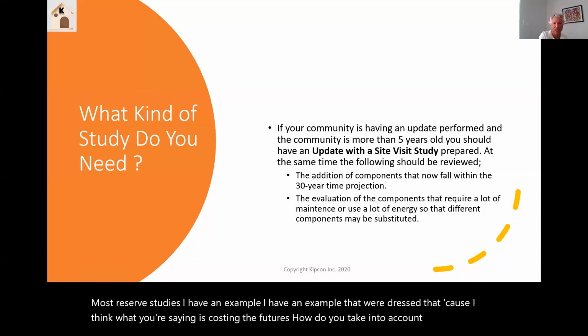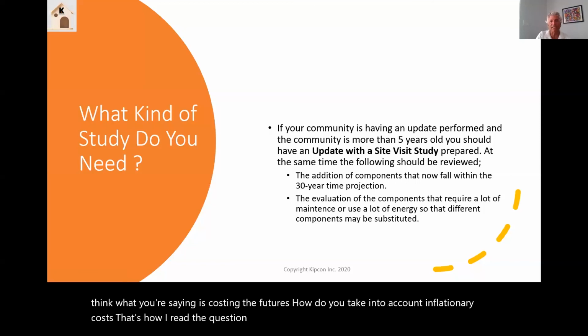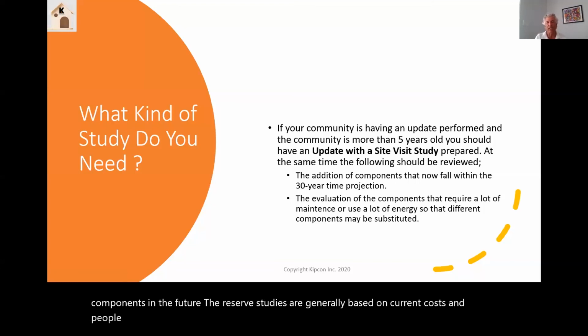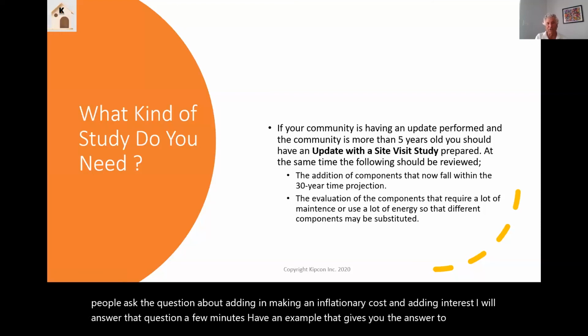That's how I read the question. The reserve studies are generally based on current costs, and people ask the question about making an inflationary cost and adding interest. I will answer that question in a few minutes. I have an example that gives you the answer to that question, if that's what you're asking. If that's not what you're asking, let me know.